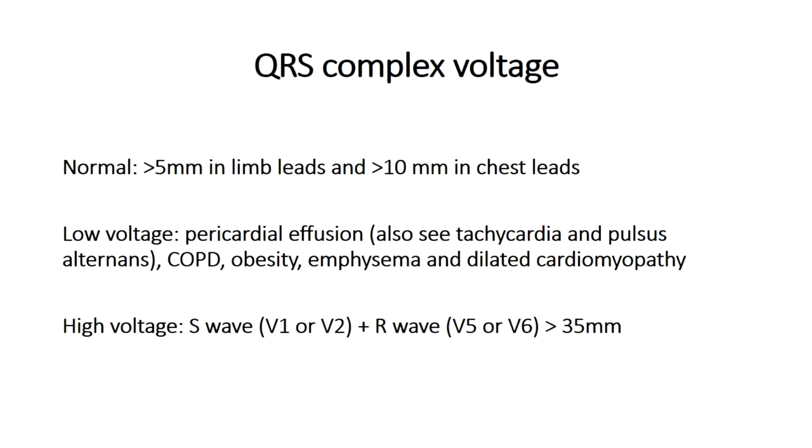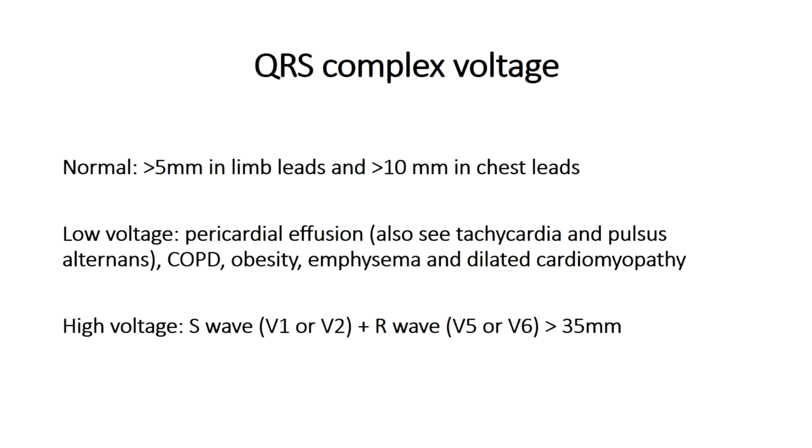So in the limb leads, they should be greater than 5 millimeters in length. And in the precordial leads, they should be greater than 10 millimeters in length. So when actually you find a QRS complex that's less than 5 millimeters in the limb lead, or that's less than 10 millimeters in the chest leads, what you're actually seeing there is a low voltage QRS complex.